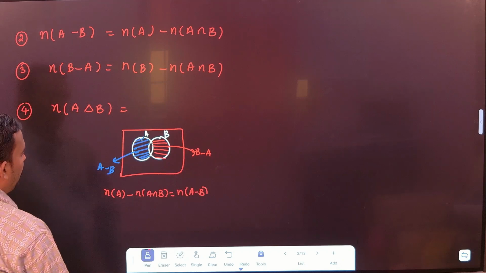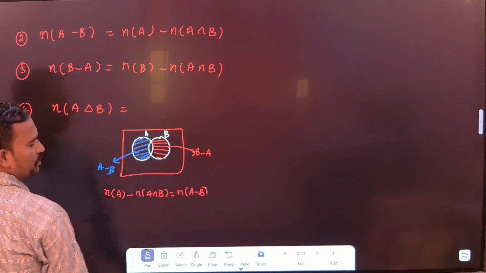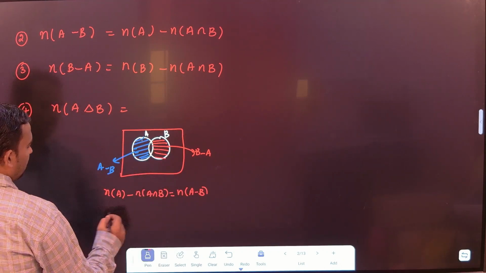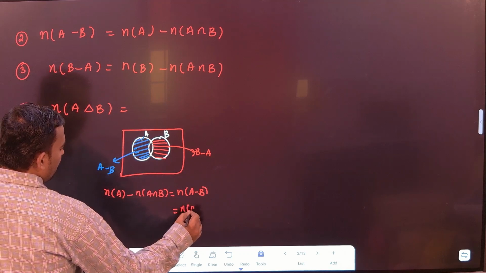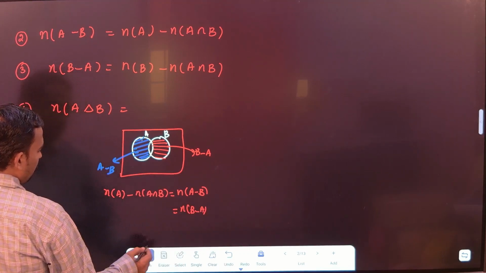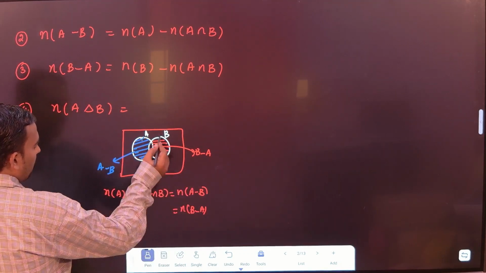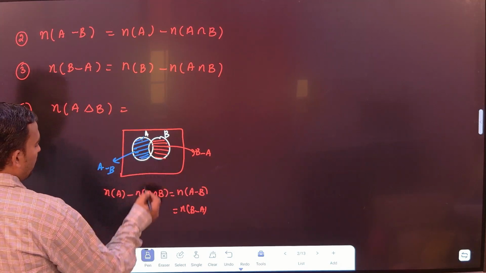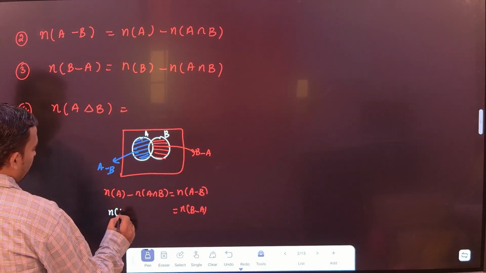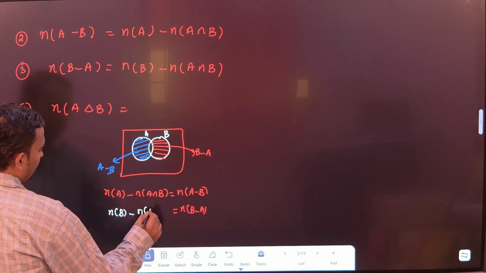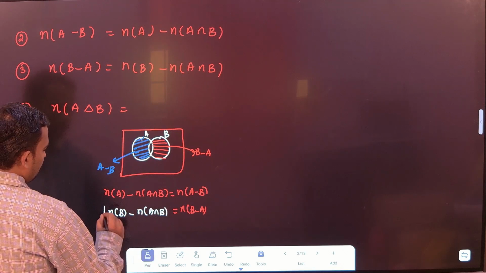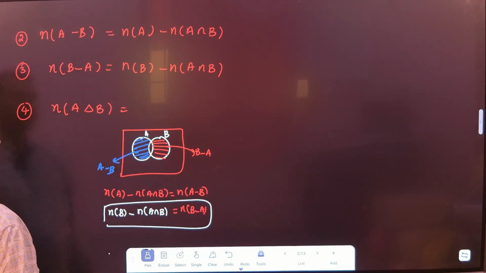In the same way, if the red shaded region is required, that is n of B minus A. What is required? Total B, you remove the A intersection B. Clear? Okay. And the third one is done.